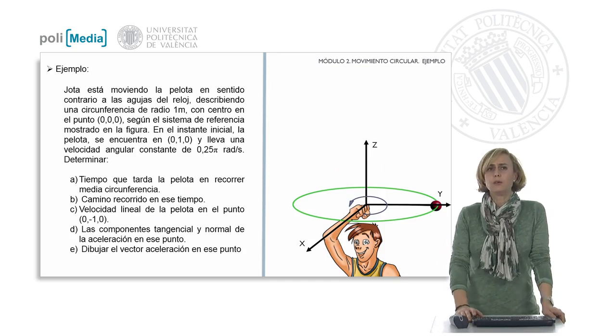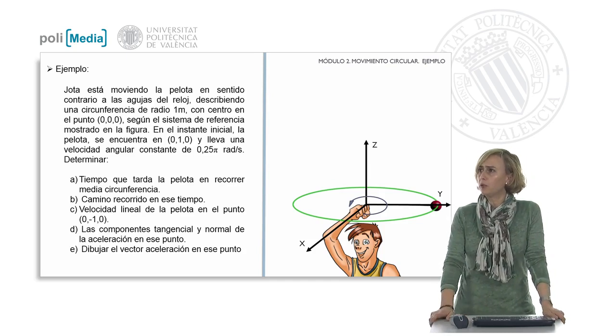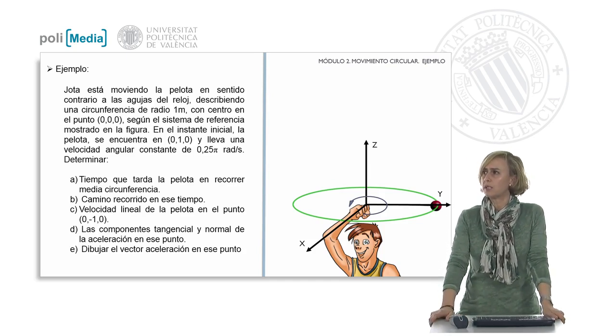It is time for Jay to give us his example. Jay is moving the ball counterclockwise, describing a circle of radius 1 meter, centered at the point (0, 0) according to the reference system shown in the figure. At the initial instant, the ball is at (1, 0) and carries a constant angular velocity of 0.25 pi radians per second.